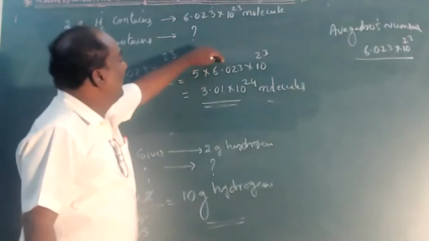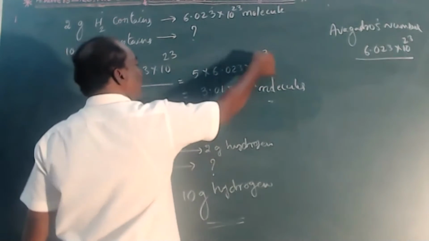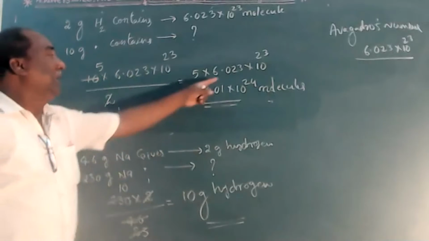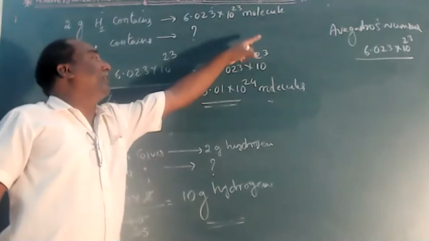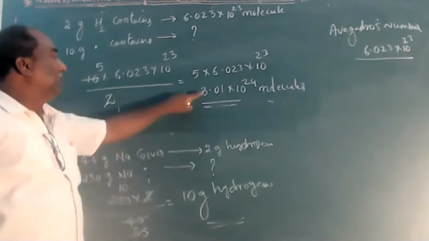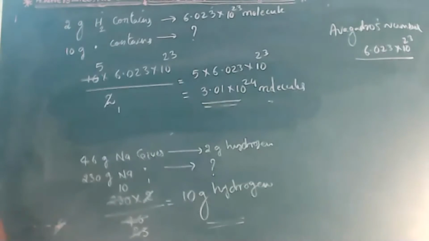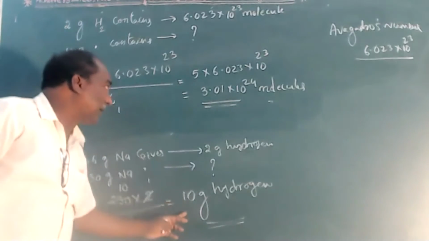Just move forward one step. 10 to the power of 23 into 10 to the power of 1 is 10 to the power of 24. So 3.01 into 10 to the power of 24 molecules. Now 2 values are completed. First one, mass, is completed.